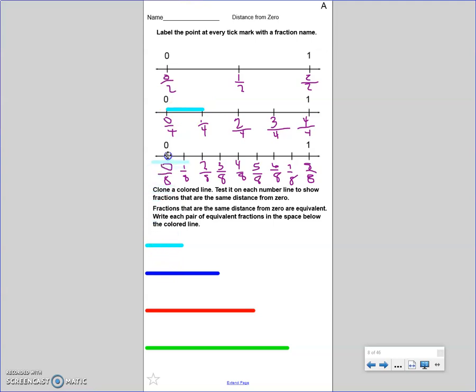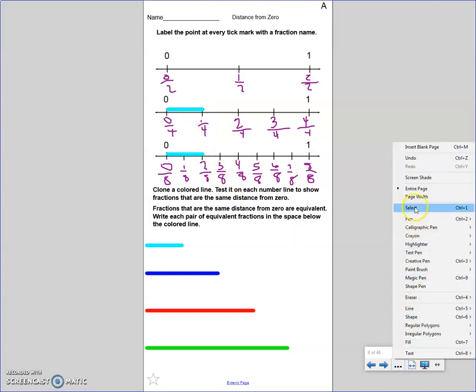If I take that same line and I go to my 8ths number line, I can see that there's also a fraction that's that size. 2/8 covers that same amount of space from 0. Since 1/4 and 2/8 cover the same amount of space from 0, I know that 1/4 and 2/8 are equivalent because they're the same distance from 0.